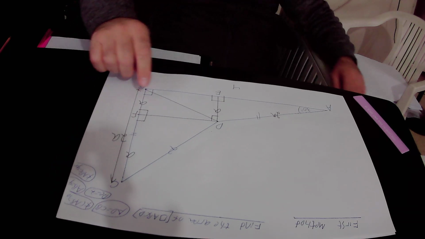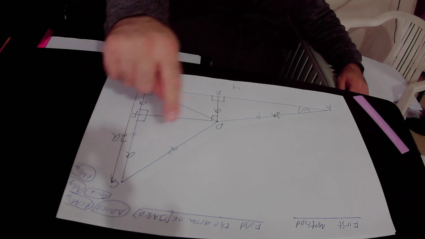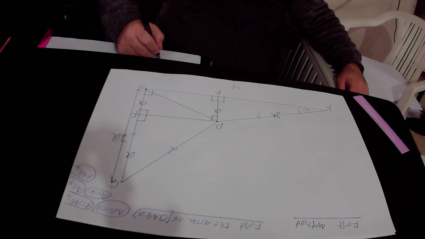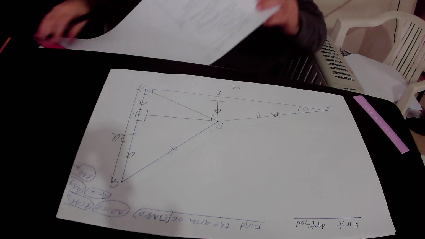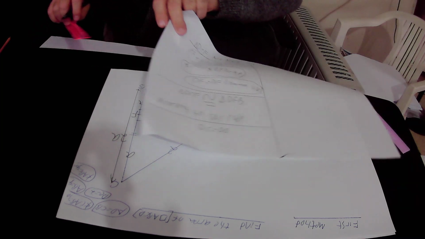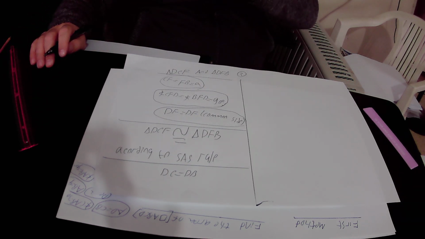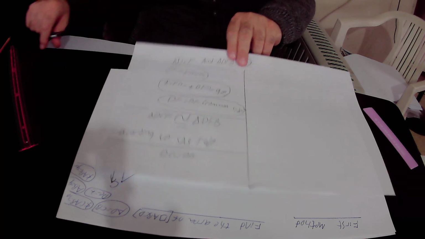And from the fact that those two triangles are congruent, we conclude that DC equals DB, according to the rule that corresponding sides in congruent triangles are equal to each other.